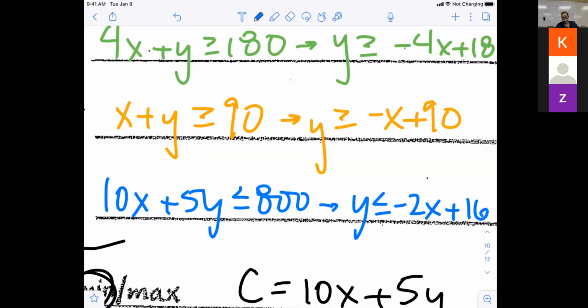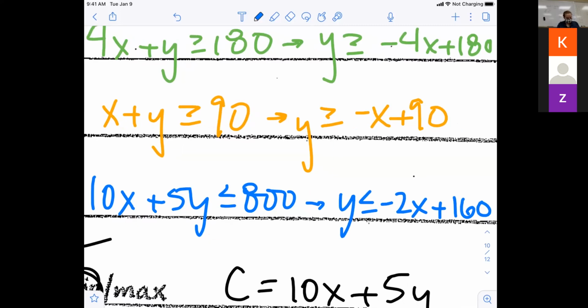I can double check that. Yep, 160. I'm not showing all the work where I minus my 10x and divide by 5, but this is the equation I get. So I have to graph negative 2x plus 160.